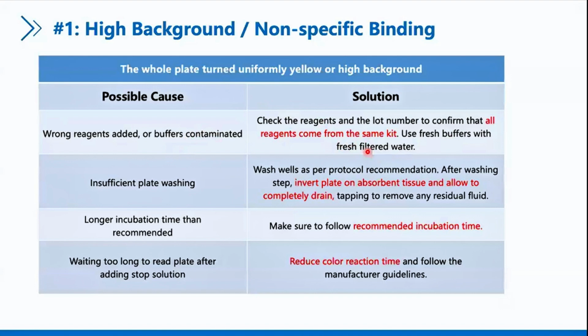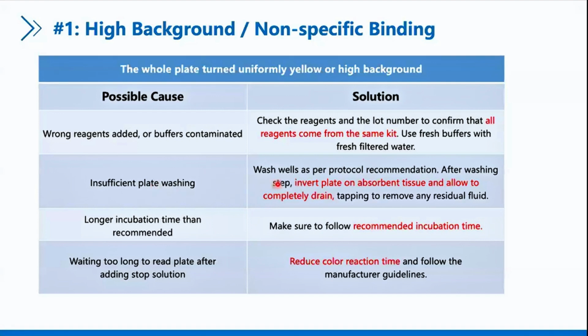The next possible cause can come from insufficient washing, because insufficient washing usually leaves non-specific binding remaining in the plate, especially some unbound antibodies, and these unbound antibodies will cause the non-specific binding. For the wash, I have a small suggestion here.